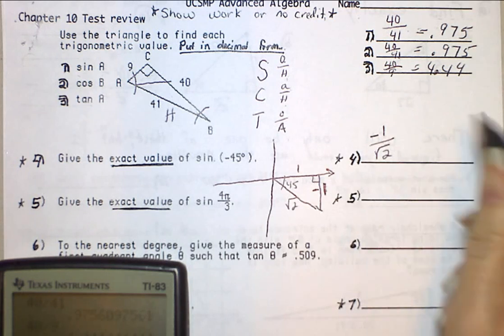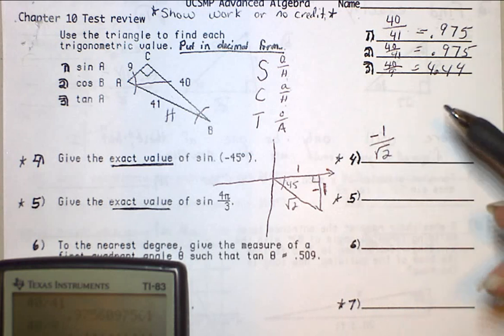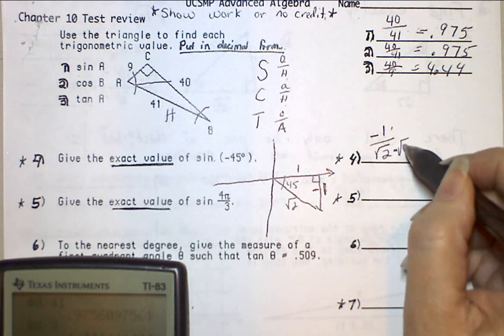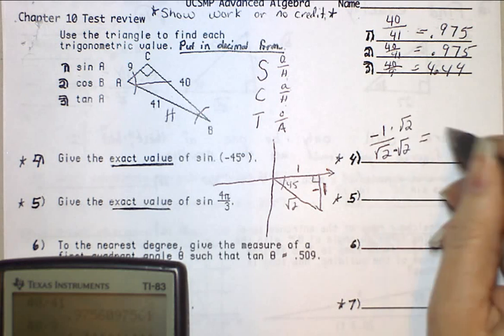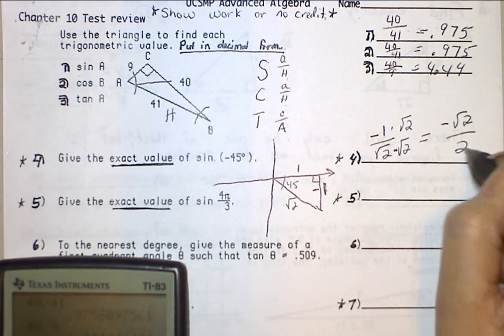But we can't have the square root of 2 on the bottom, so I'm going to multiply the top and bottom by the square root of 2. So my final answer is negative square root of 2 over 2.